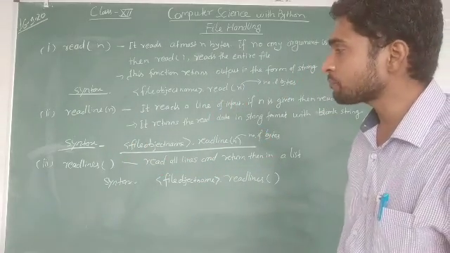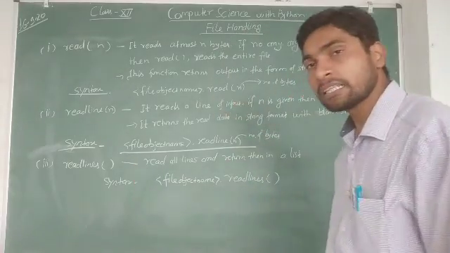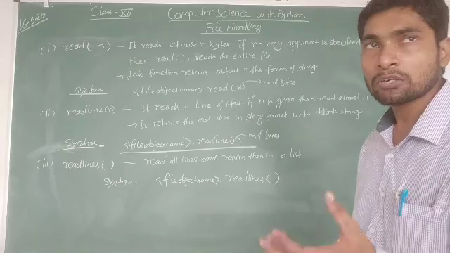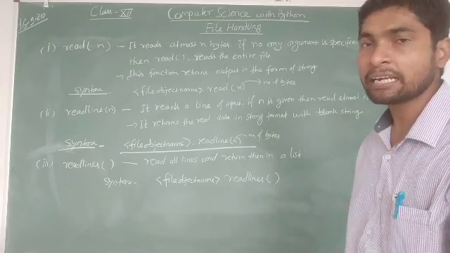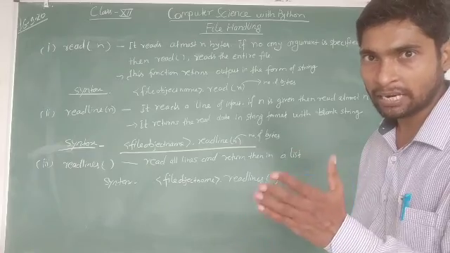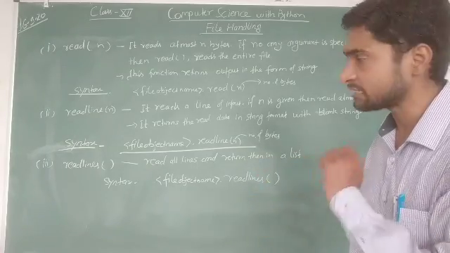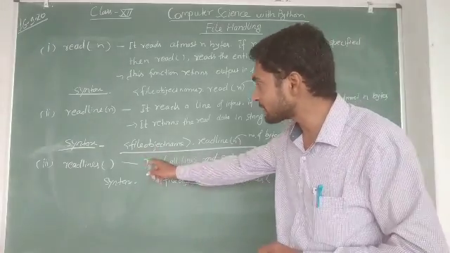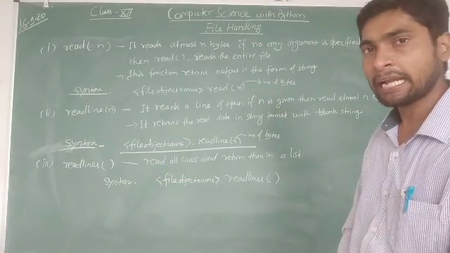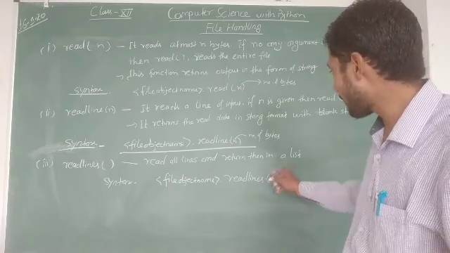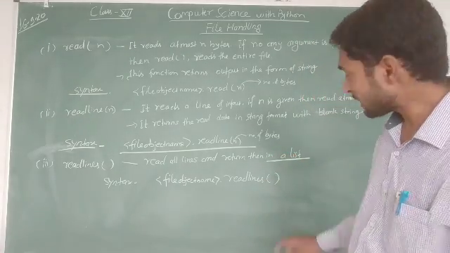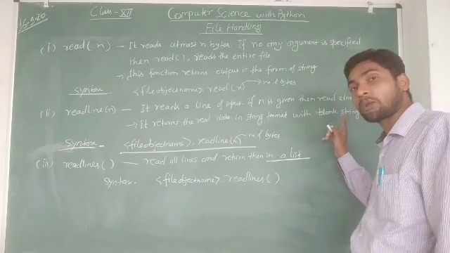The next method is readlines. The readlines method is used when you want to read the entire data of the file and get the result in the form of a list. I mean, the readlines method reads all lines of the file and returns the output in the form of a list. Be careful, it gives output in the form of a list, not a string.